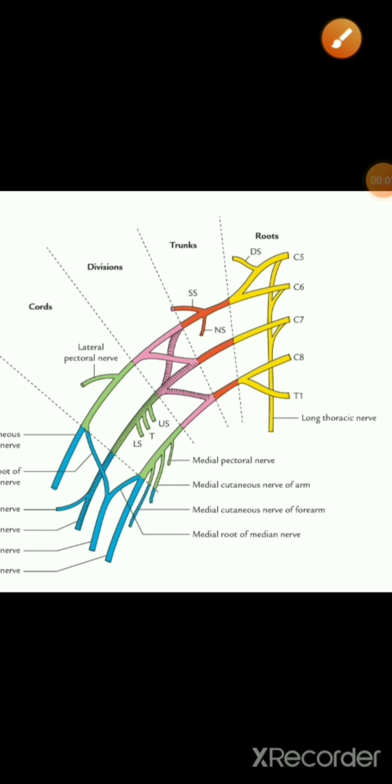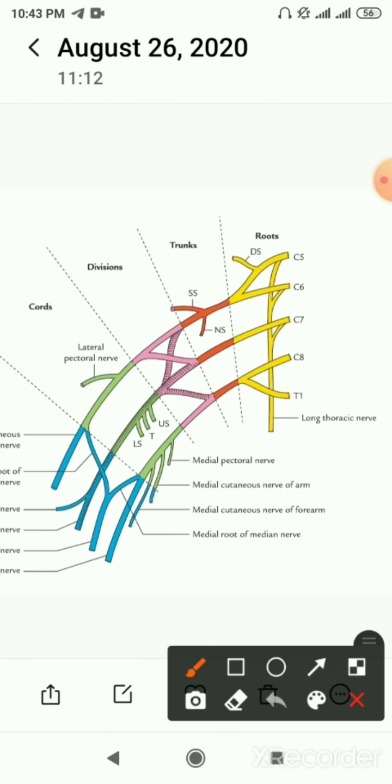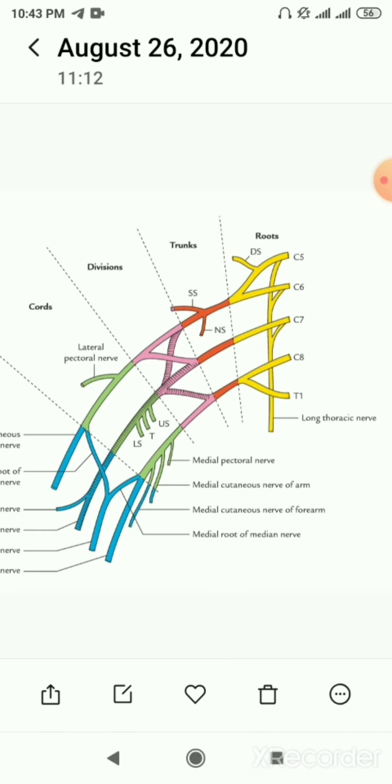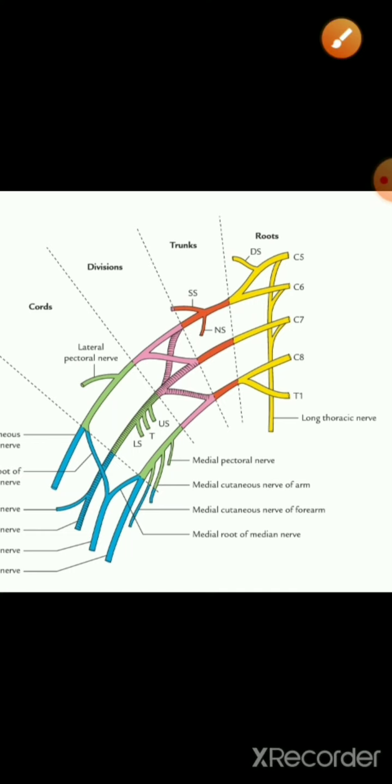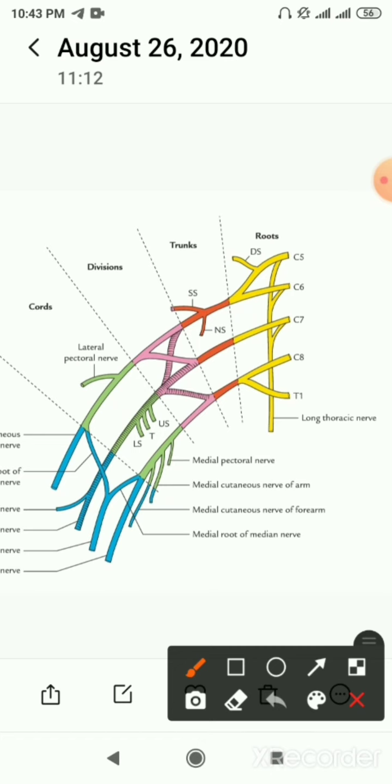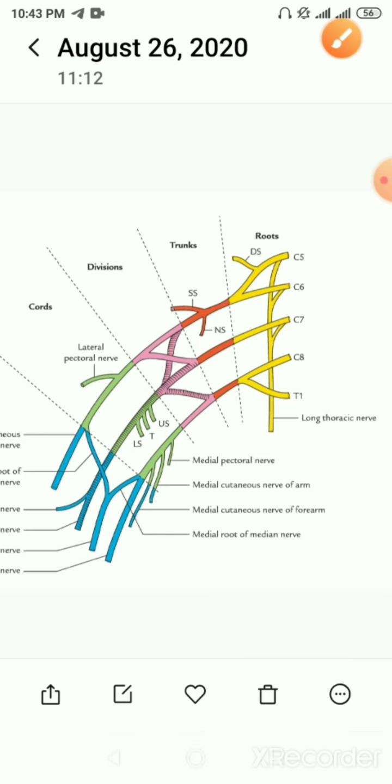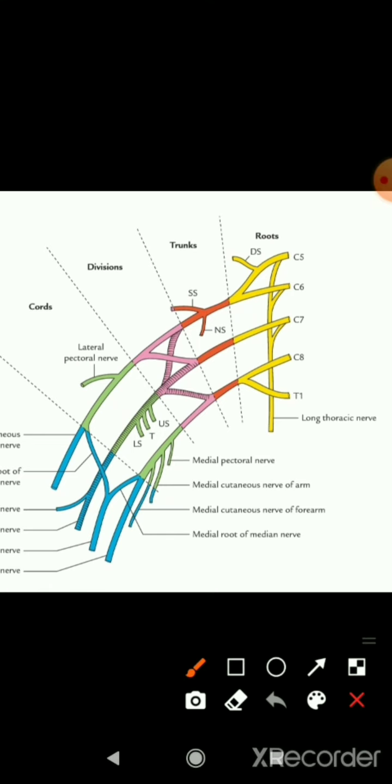So we are talking about the brachial plexus. There are 5 roots: cervical 5, cervical 6, cervical 7, cervical 8, and thoracic 1. Then they form trunks.